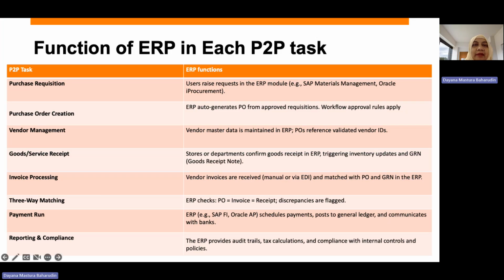Because if you don't have the ERP functions, it means you're going to do it manually, like taking a pencil or pen and writing it on a piece of paper or a ledger book. Back in the days they did that, but for large organizations you're not going to be able to do that. And more so for security, and we want to reduce any errors and fraud and so forth.